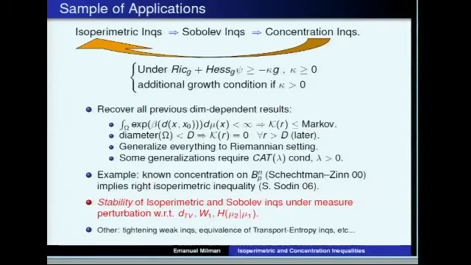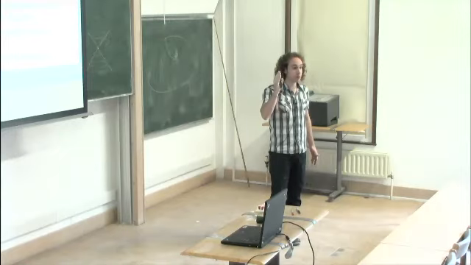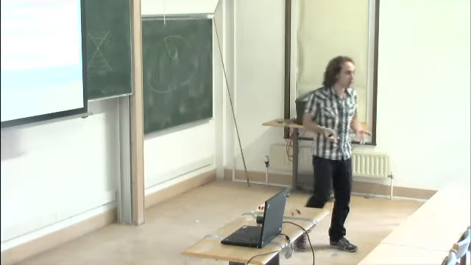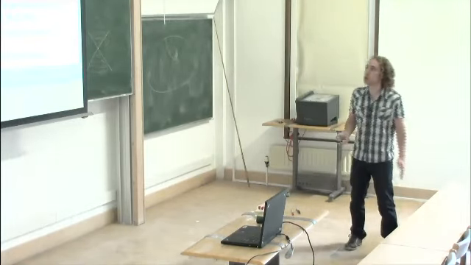Concentration inequalities are much more robust. They don't care what happens on infinitesimal extensions. Turns out that on this level, it's very easy to analyze stability. It's essentially an exercise. And then, if you're lucky enough that after the perturbation, the perturbed measure satisfies some semi-convexity conditions, you can just go back up the hierarchy and obtain the desired stability on the Sobolev level. It's a very simple idea, but it actually works.